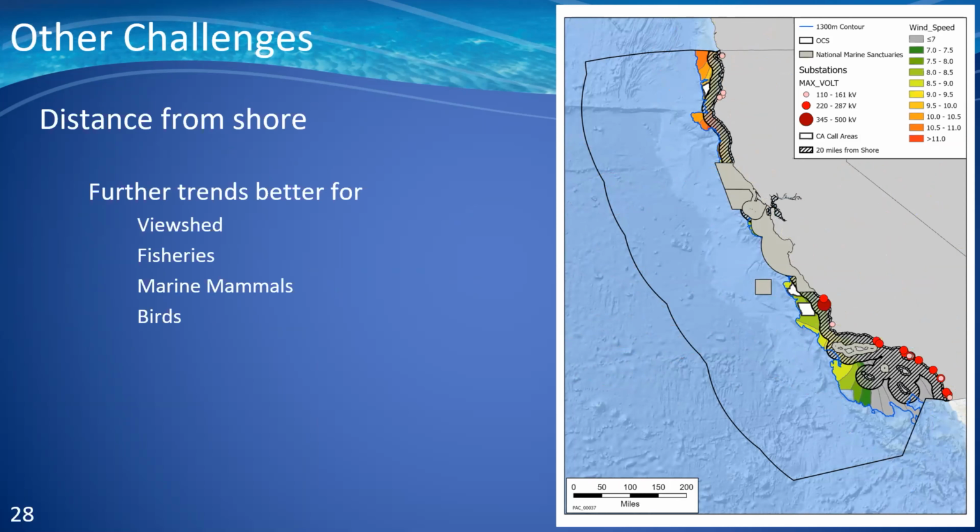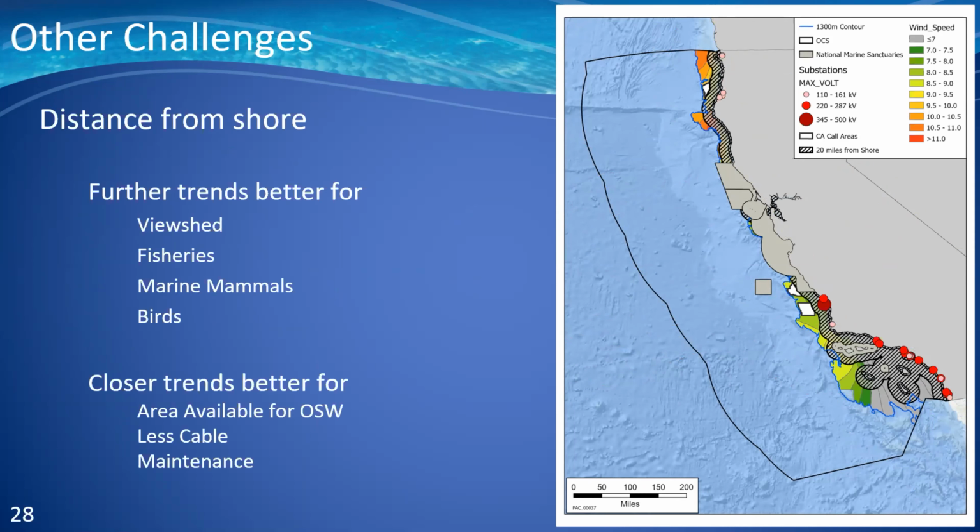When they're further away, you don't see them as much. There's a lot of fishing near shore. Sure, there's fishing offshore, and it's definitely still something we have to look at. Marine mammals we still have to look at. But the trend tends to get better as you're further offshore. But as it trends closer, it's better for availability, more offshore wind areas, less miles of cable. It's very expensive cable, and maintenance becomes a lot more reasonable, a lot cheaper.